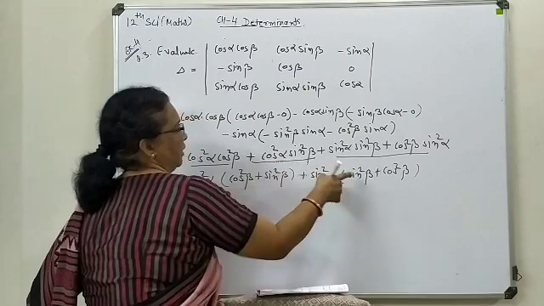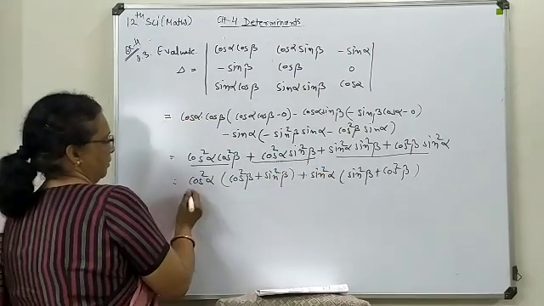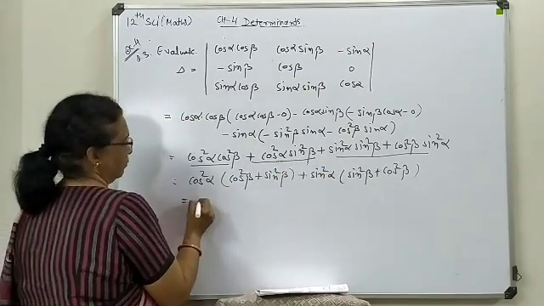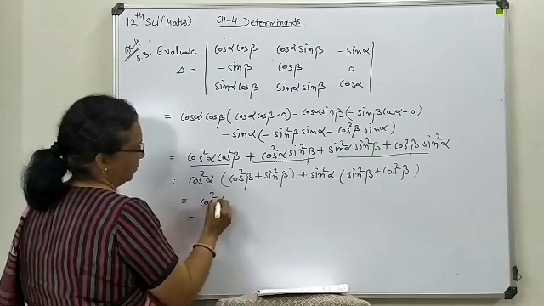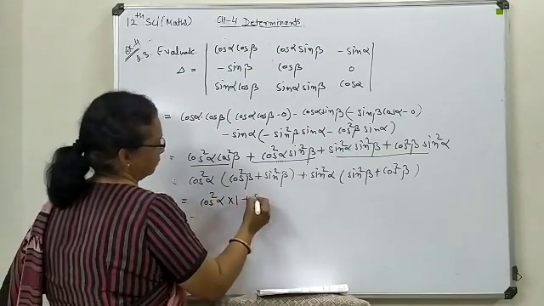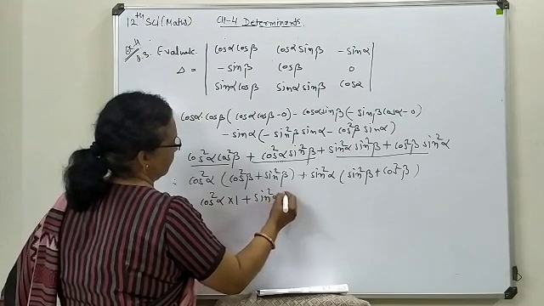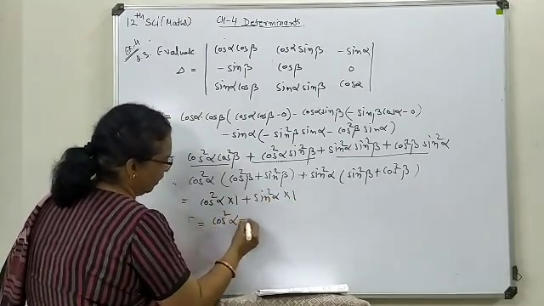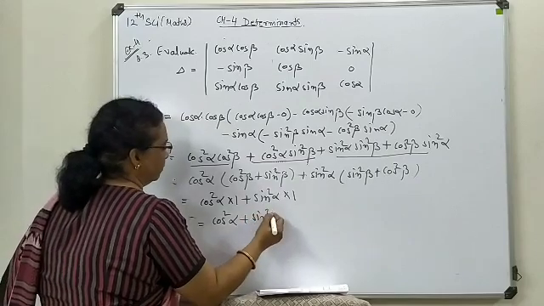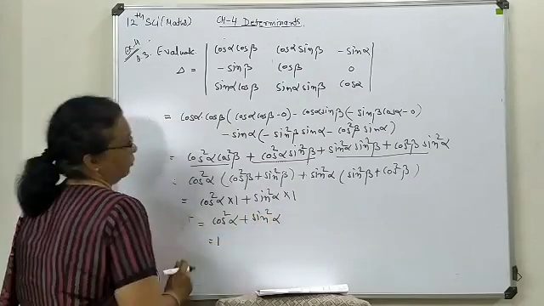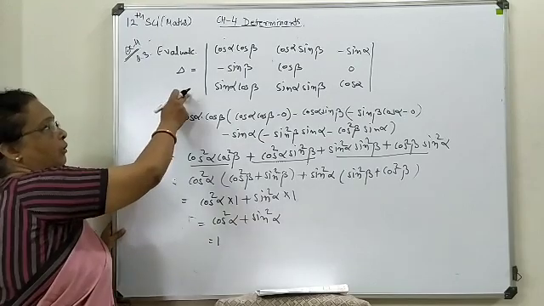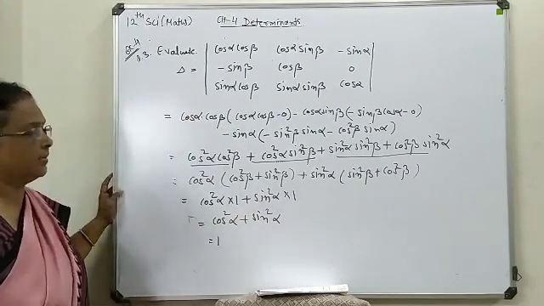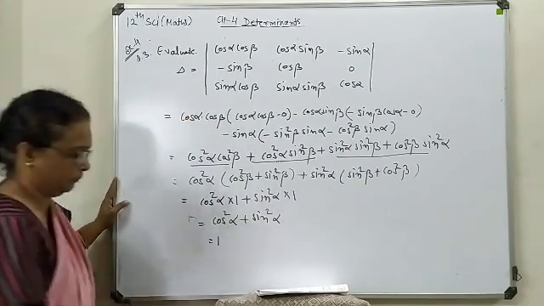Being this identity, it can be replaced by 1, so it can be taken as common also, so better you replace it by 1 directly. So remaining is again an identity form, that is 1. So the value of this given determinant is 1.